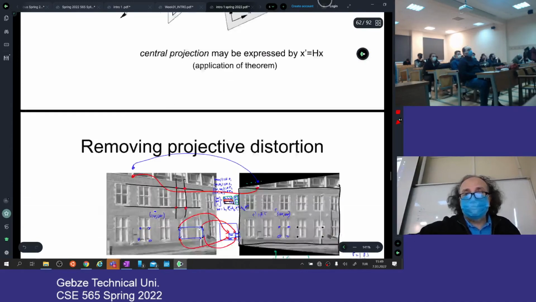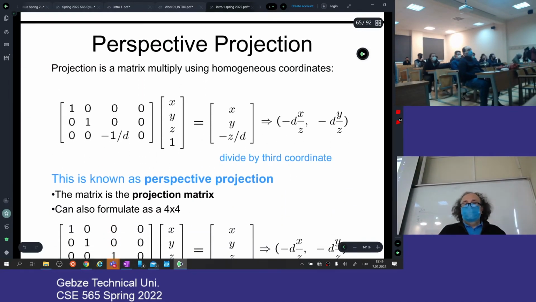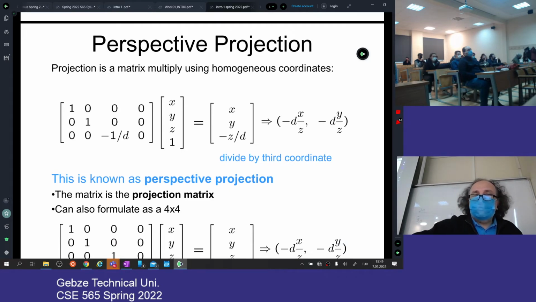If this is my three-dimensional world, and if I put a 1 at the end, this is the homogeneous point in the three-dimensional world.